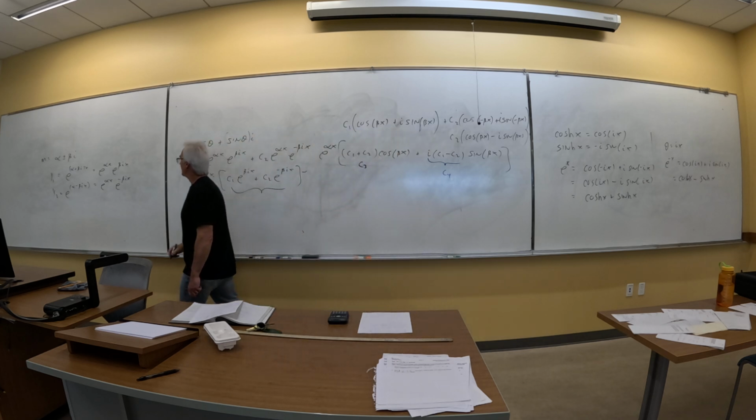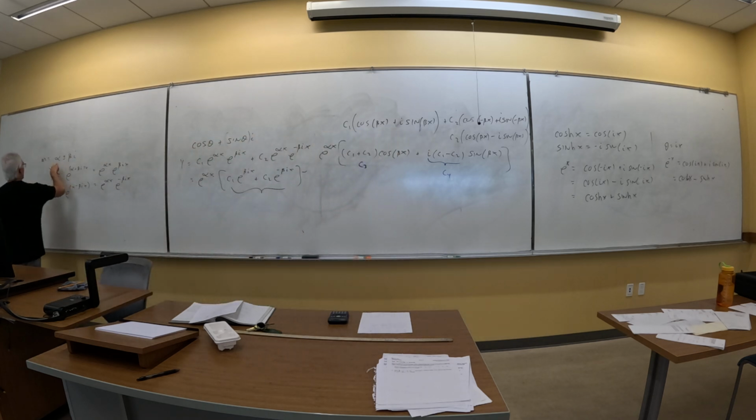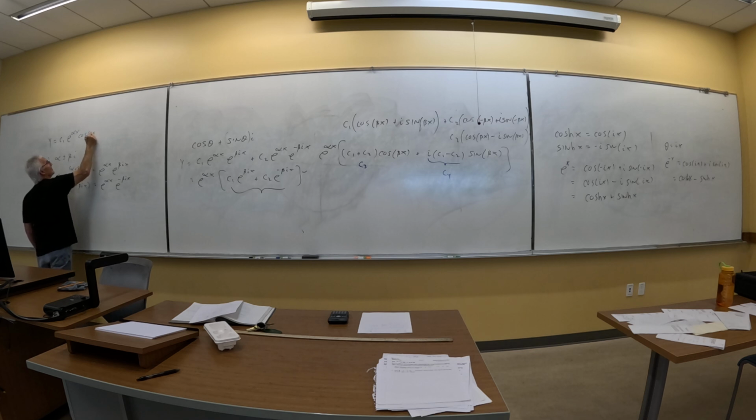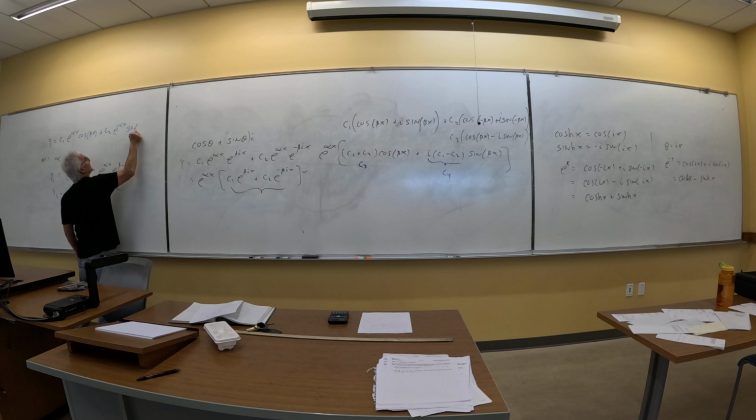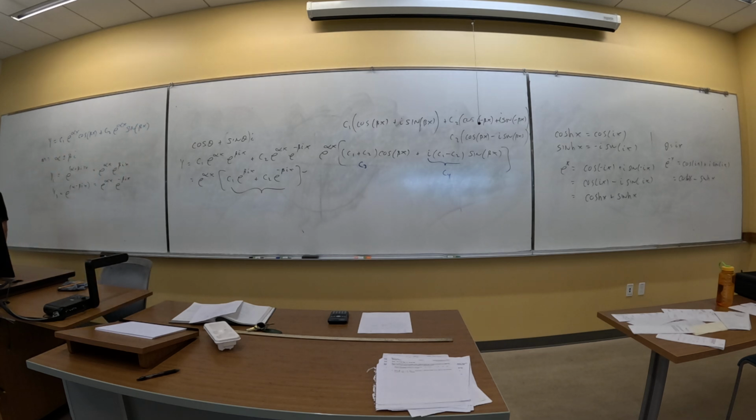So now, when I have the two complex, horrible solutions, can I rewrite my problem as y equals C1 and so on? That's what I just derived over there. What do you think? That doesn't look quite as scary, does it? And that's the form you want.